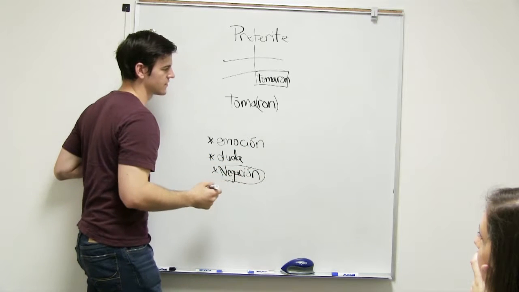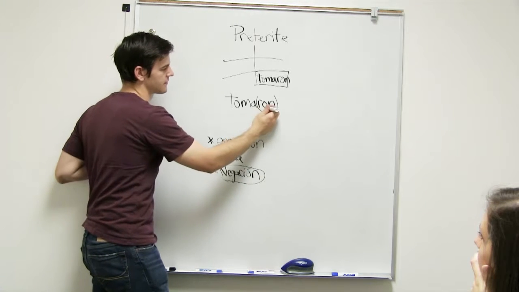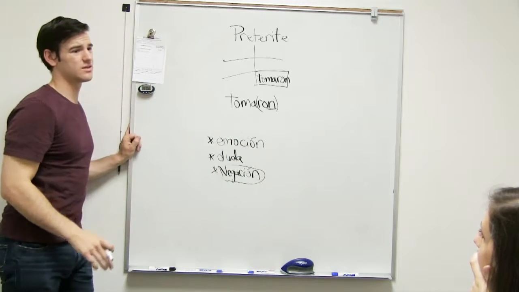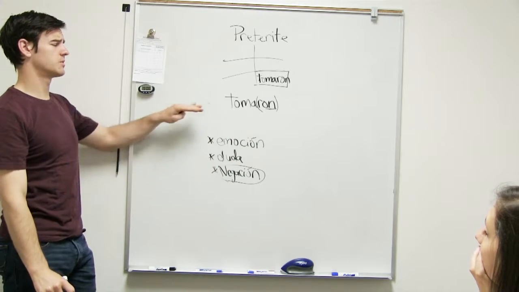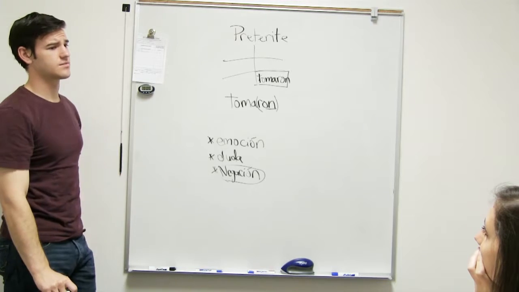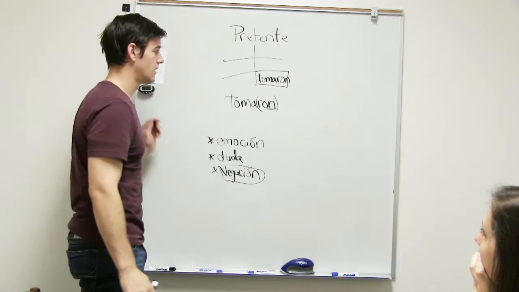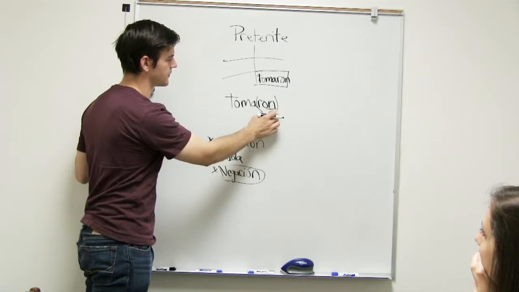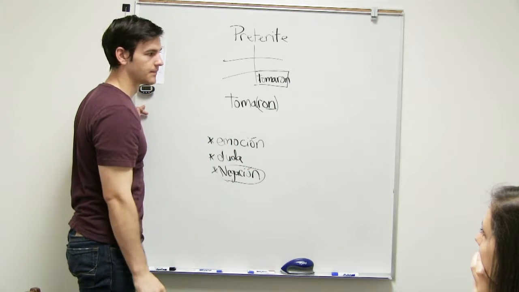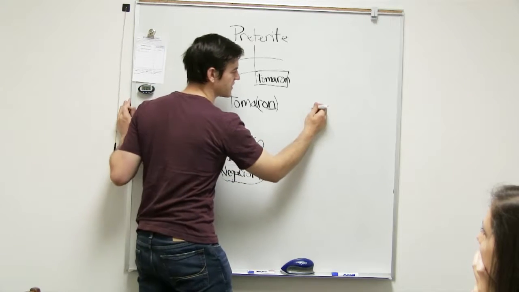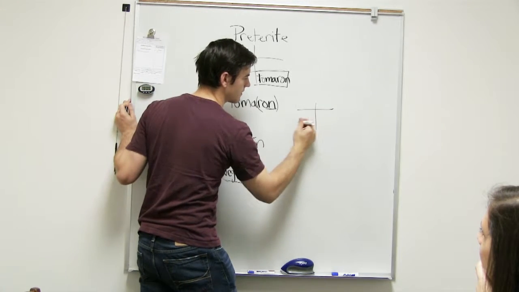The book doesn't have you do this. They only have you take off the ON. But eventually I would hope you learn another form of the past subjunctive that's not as common anymore, but is still used. In that case, you'd want to take off all three in order to add the ending. So, then you're going to add one of these endings to those verbs.